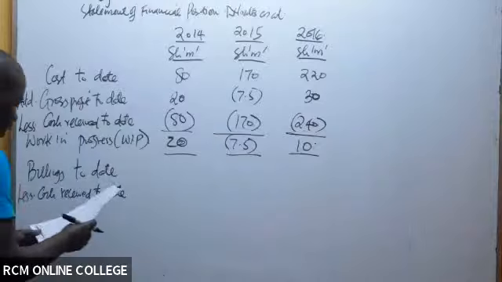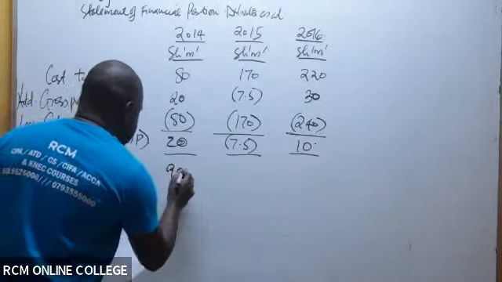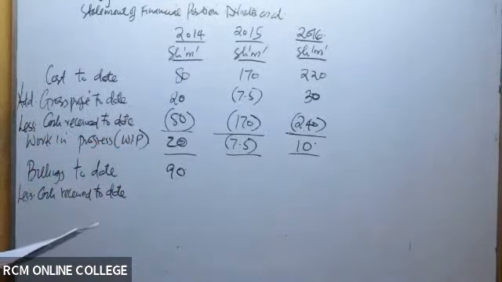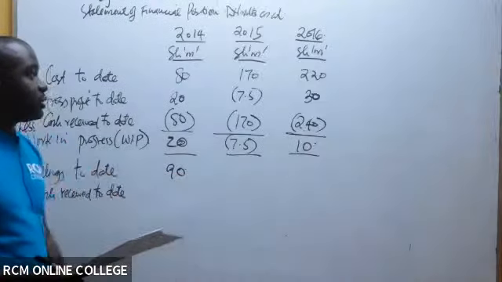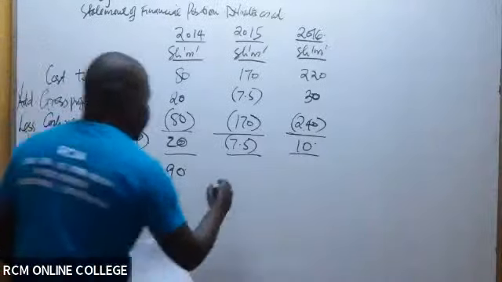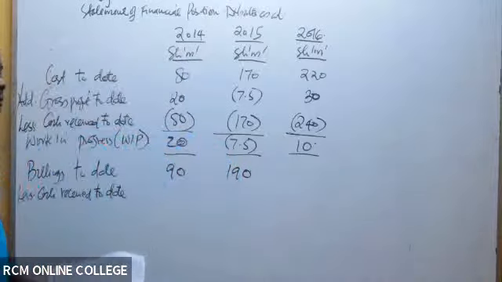So in the first year, it will likely be 90. Then in the second year, they billed 100. So it means for the year 2015, the billings to debt will be how much? It will be 190. And the billings to debt for the year 2016 will be how much?